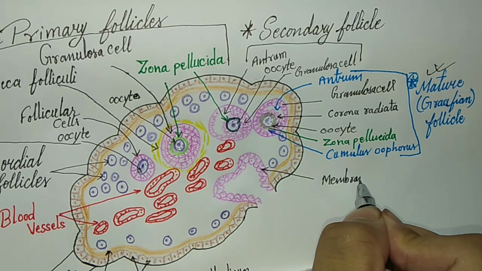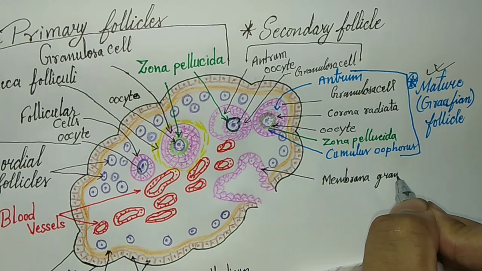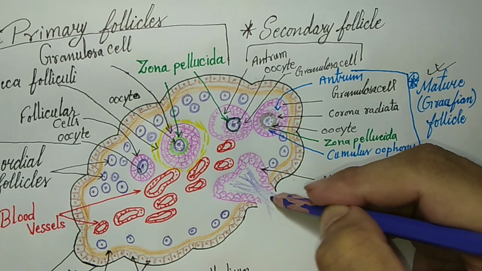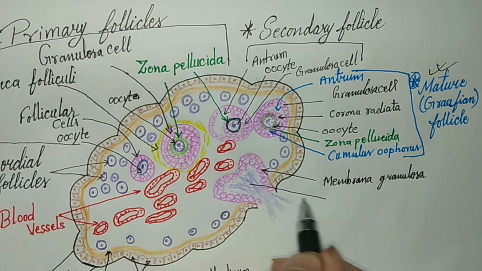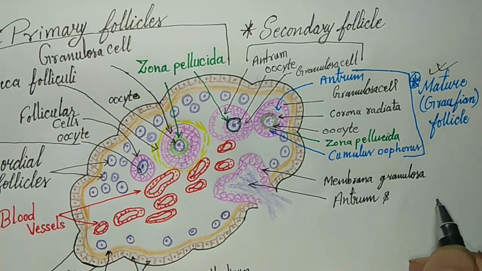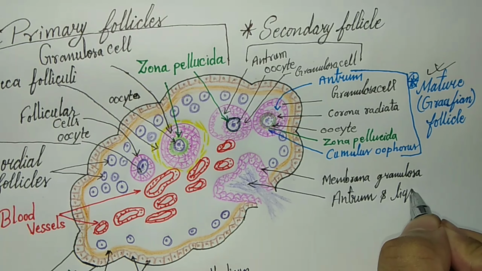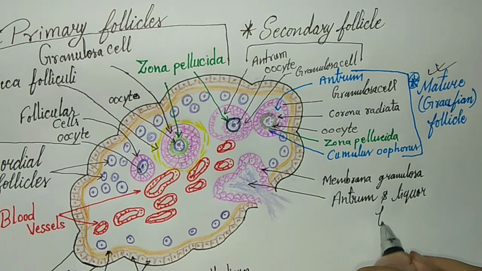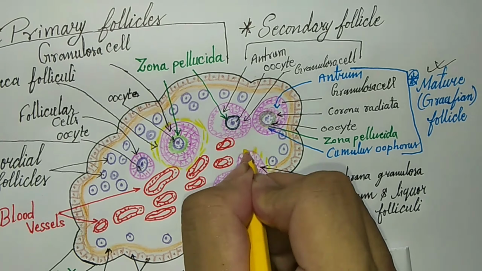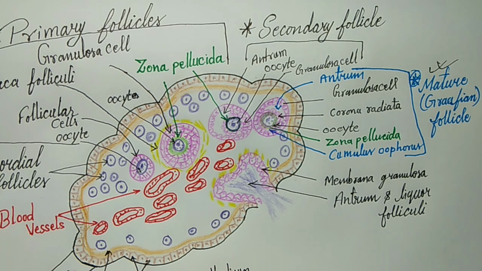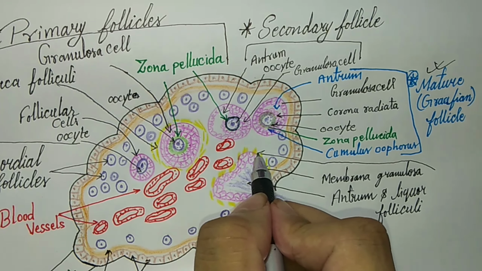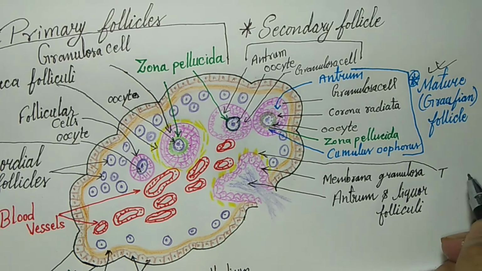Here the membrana granulosa, and here is the antrum and liquor folliculi, causing rupture of the mature follicle and release of secondary oocytes.